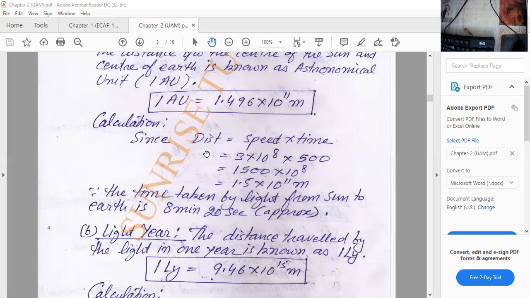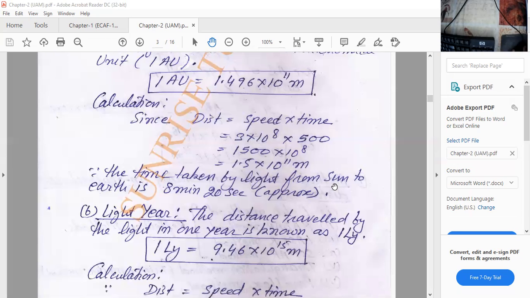The speed of light is 3 into 10 to the power 8 meter per second, and the time is 500 seconds. By multiplying, we see that the value comes to be 1500 into 10 to the power 8, or 1.5 into 10 to the power 11 meters. So it is almost equal to 1.496 into 10 to the power 11 meters, right? The light takes 8 minutes 20 seconds for coming from sun to earth, right?